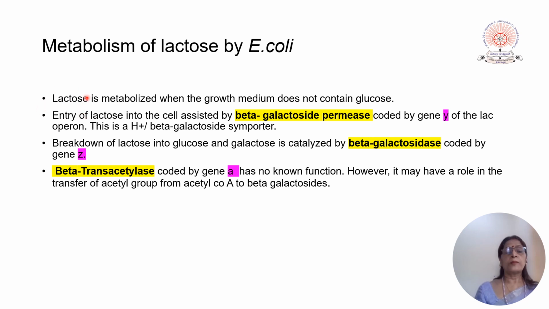For metabolism of lactose, first the lactose has to enter into the E. coli cell, and this is assisted by the symporter, the membrane transporter beta-galactoside permease. It is an H plus beta-galactoside symporter that carries a proton and the lactose at the same time.